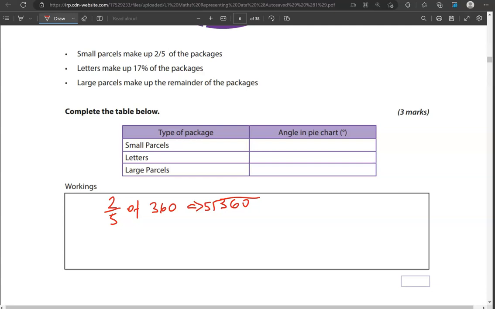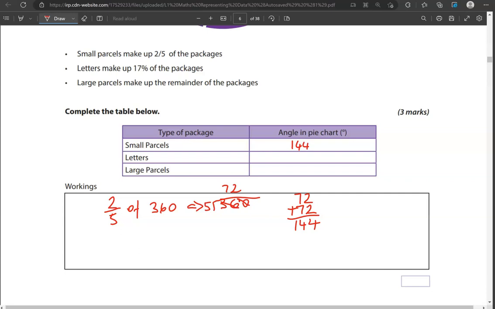How many 5s fit into 36? That is 7, because 7 times 5 is 35, and we have 1 remaining. How many 5s into 10? That is exactly 2. So 72, that is 1/5. 2/5 will be 72 and 72. So 2 and 2 is 4, 7 and 7 is 14. So 144 degrees for small parcels.